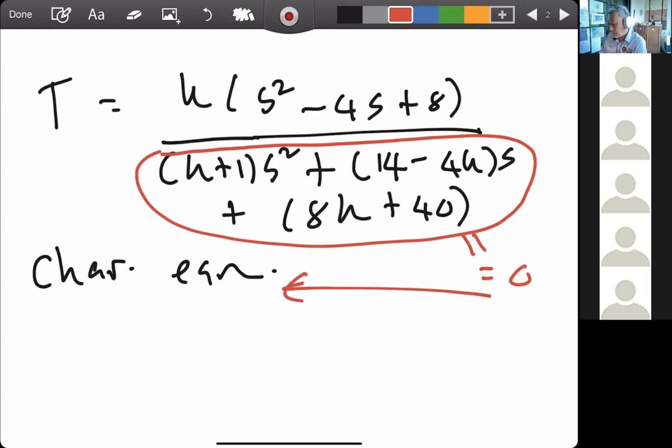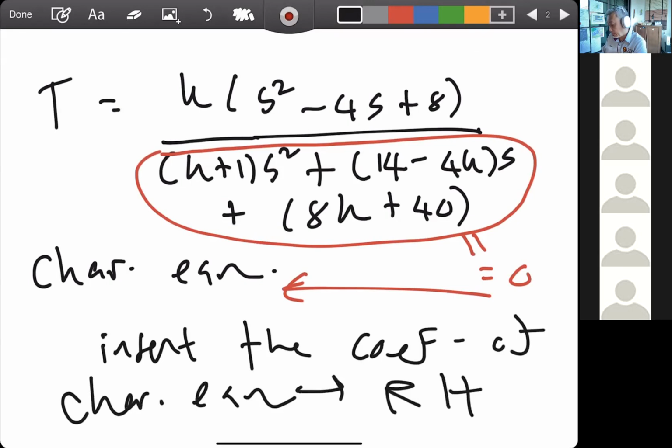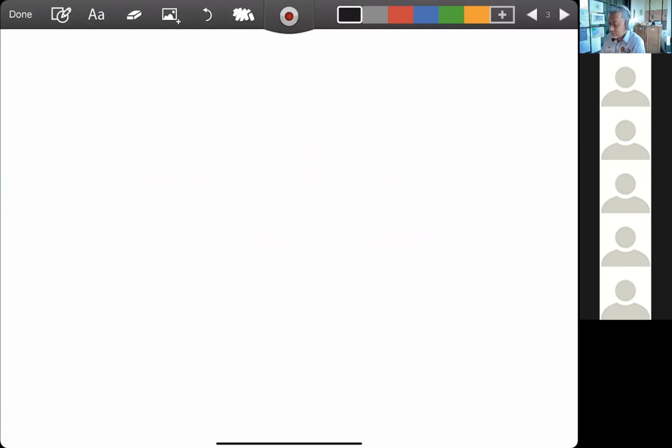Okay, so insert the coefficients of the characteristic equation into the RHT. What is RHT? Omar, what is RHT? Routh-Hurwitz table. Okay.